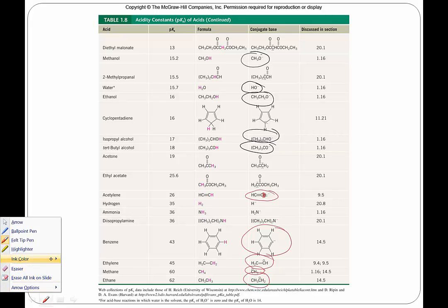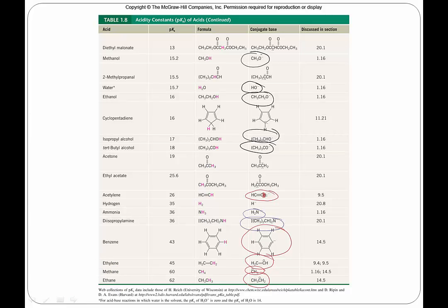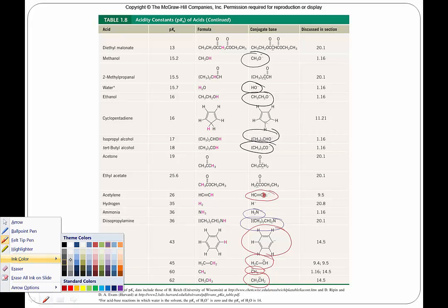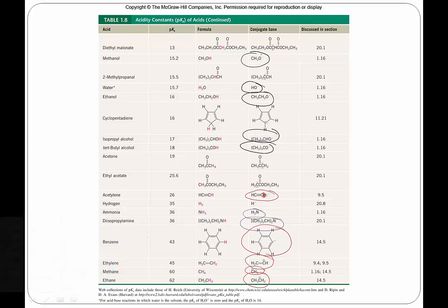You could also have a localized negative charge on nitrogen. Or you could even have a localized negative charge on hydrogen. Now, some of these others are strong bases as well. They have a localized negative charge on carbon.